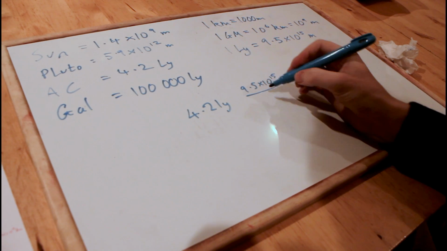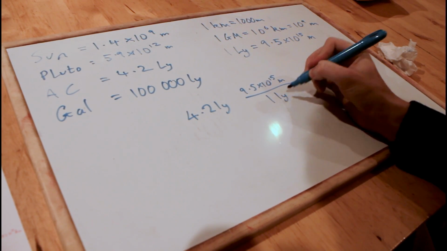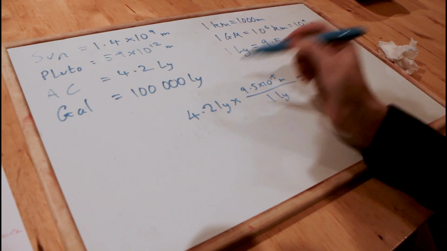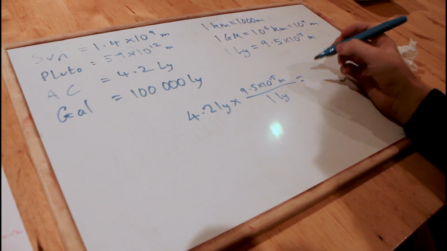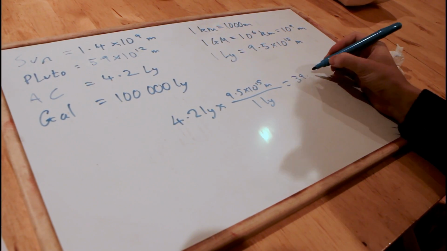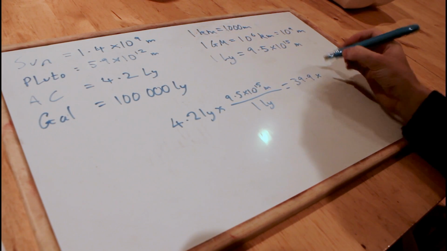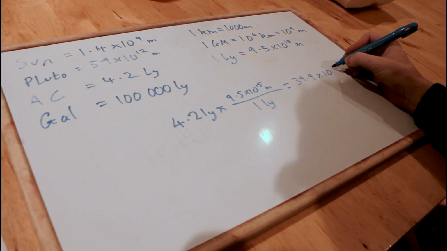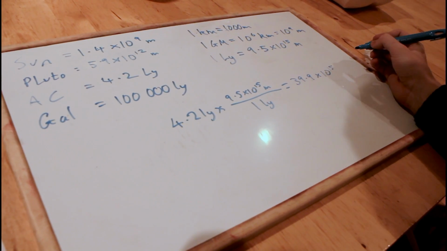Now we've got our meters there, so that's for 1 light year. And again, we're just multiplying this together. 4.2 times 9.5 is equal to 39.9 times 10 to the power of, well, we've just got our 15 there, so we're just going to throw our 15 onto there.